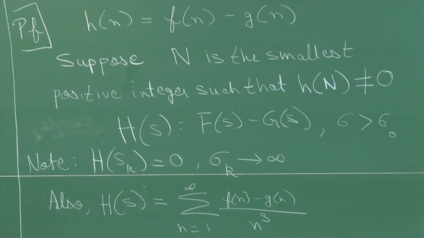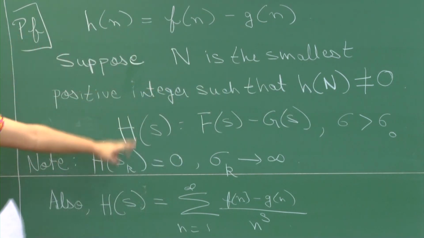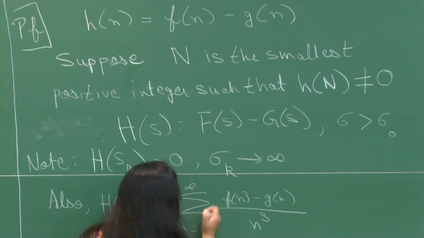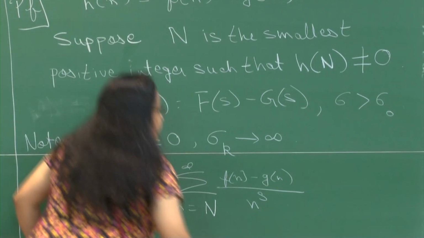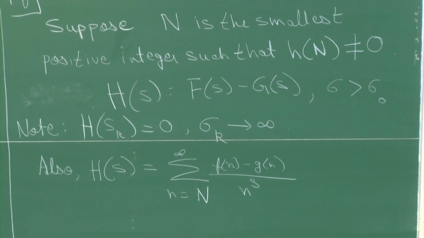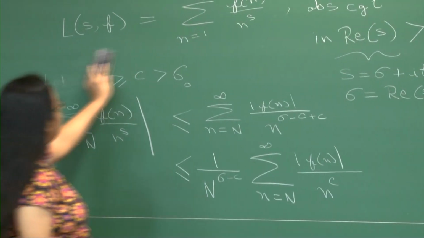But now, by our assumption, for anything strictly less than capital N the numerator is just 0, and therefore the sum is starting from capital N. And now, by applying this inequality to h of n, what do we have?